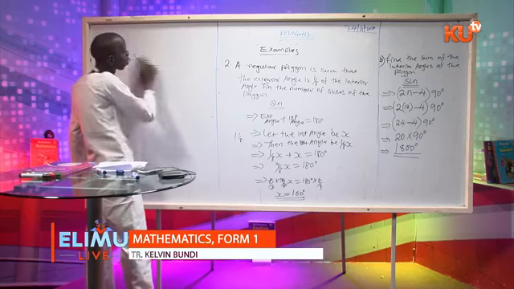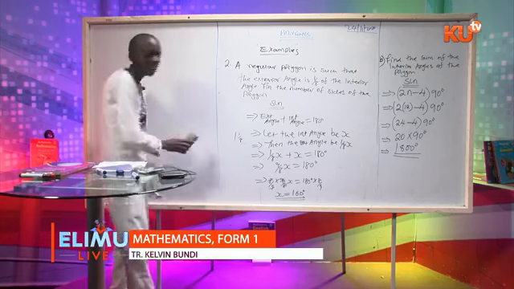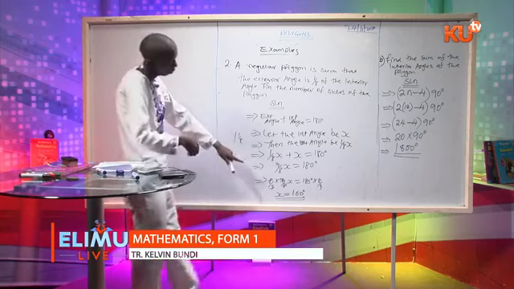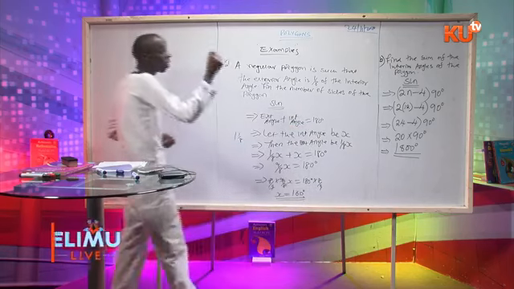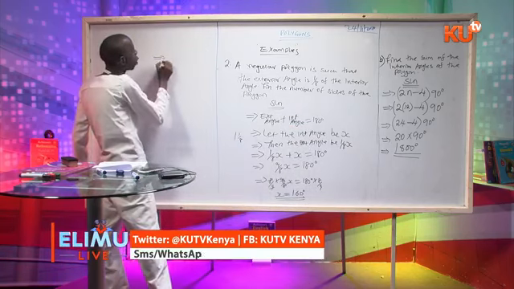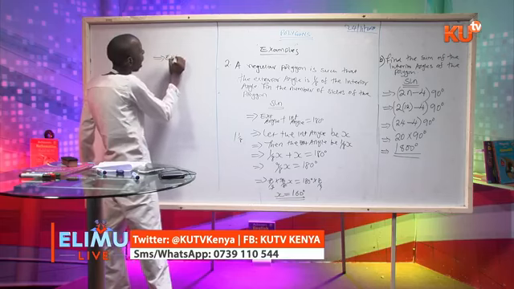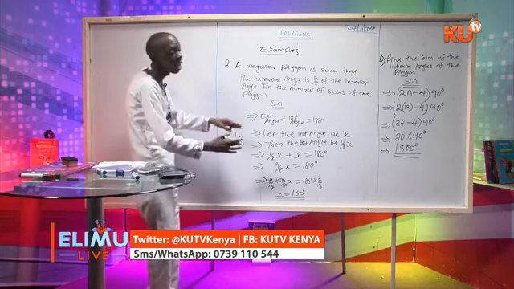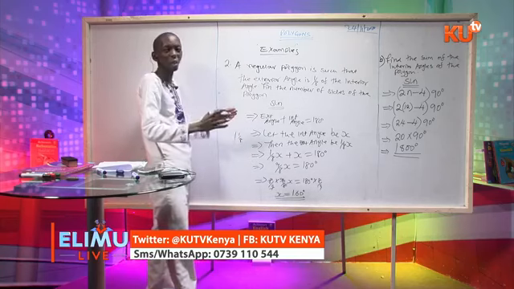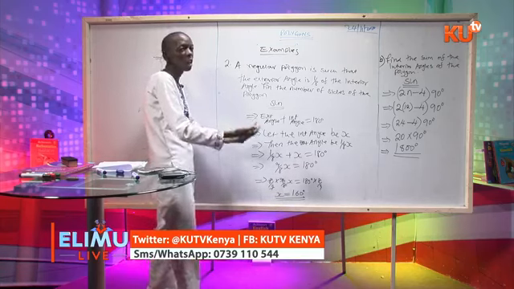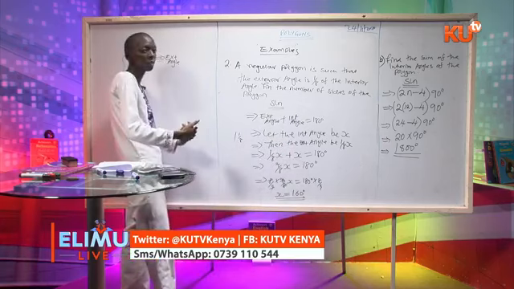Remember that. I want us to note well. In this case, x is not our exterior angle. x is our interior angle. Therefore, before you even apply the formula, you must get the exterior angle. I want us to note the difference between this question and the first question. In the first question, x was the exterior angle, therefore we went direct to the formula.